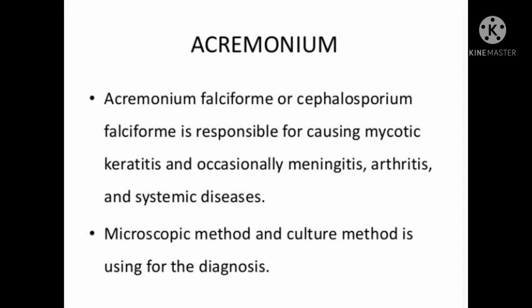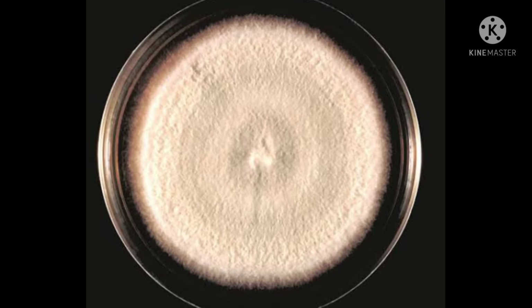Based on anecdotal reports, treatment of most invasive acremonium infections requires a combination of surgical intervention, when possible, and a regimen of amphotericin B. Some azoles also display inhibitory activity. It can also be diagnosed by microscopic method and cultural method. Following is the organism that causes acremonium.